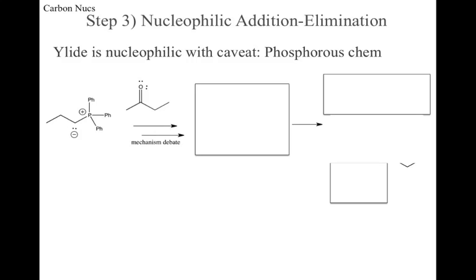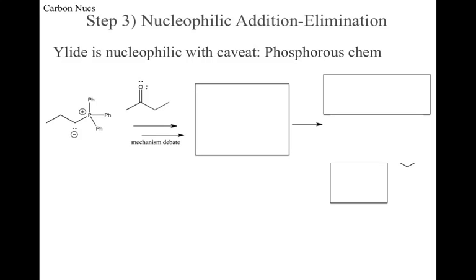We've now linked the carbon to the phosphorus. Those are nonpolar covalent bonds. It's not the easiest bond to deal with and break apart. So there is some debate into how this mechanism actually occurs, and depending on certain conditions, we end up with different products coming out of this, or slightly different products. So we have to be a little bit careful with how we look at this mechanism.